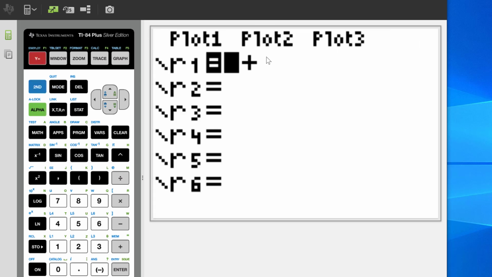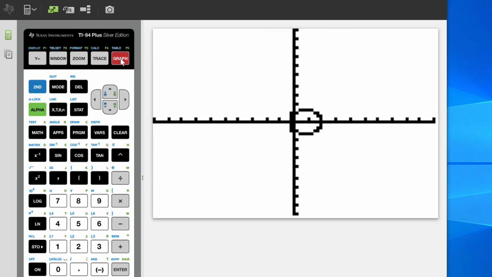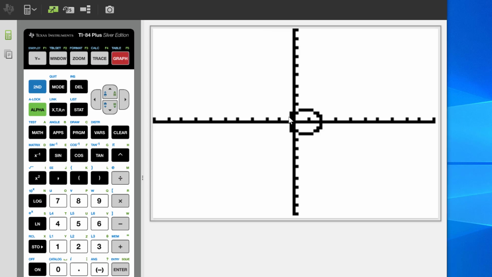We press the X button and then we press graph. And it does look like the function we had here, but because of the pixels, it's not very accurate.